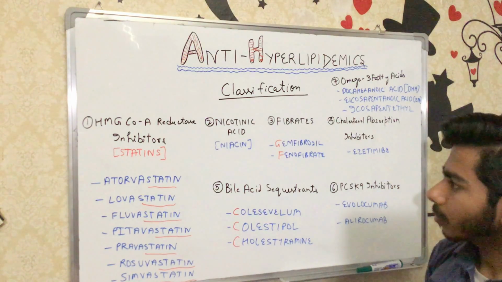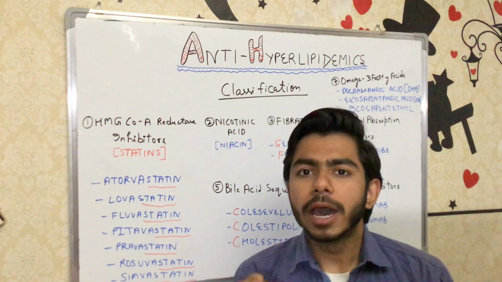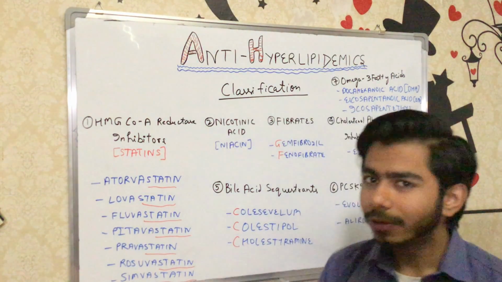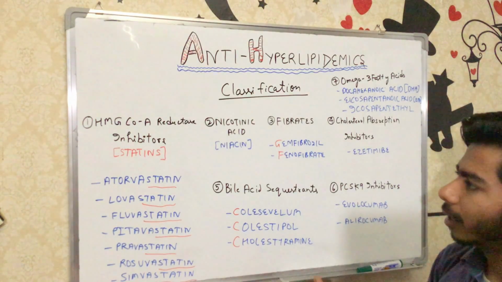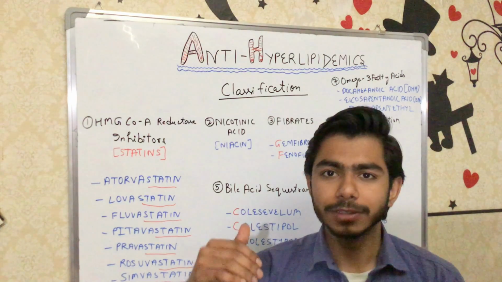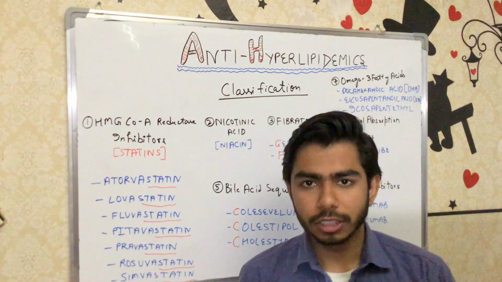And usually these categories increase the high density lipoprotein, which is the good cholesterol for us. How they act, how they reduce LDL and increase HDL levels, I will talk about in the upcoming video.